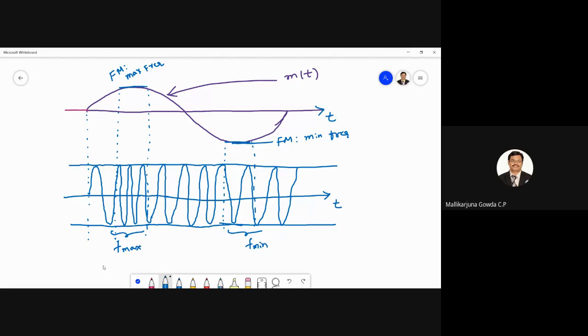Is this fine? When the amplitude of the message signal is maximum, there will be more cycles per second in the frequency modulated signal. When the message signal is at the negative peak, fewer cycles will be there. This we call F minimum.